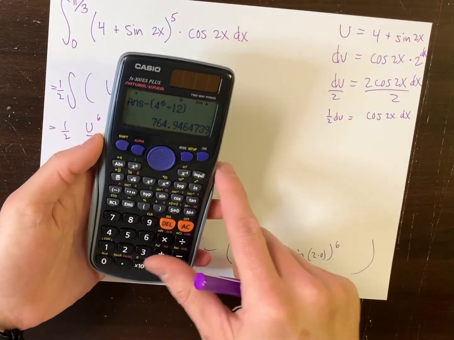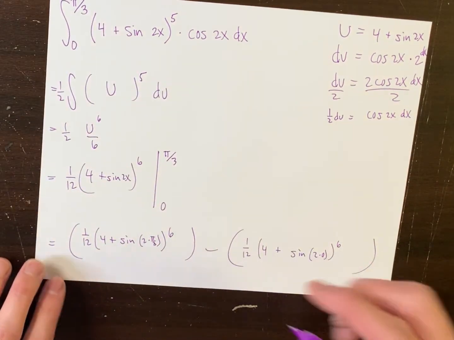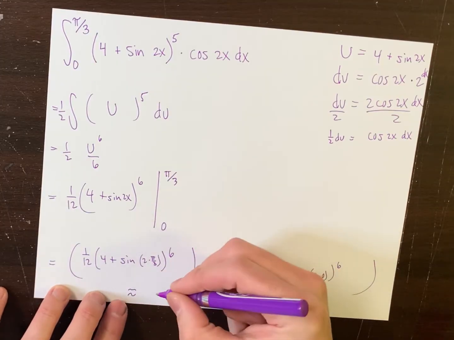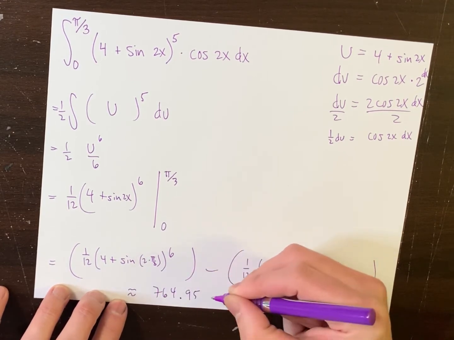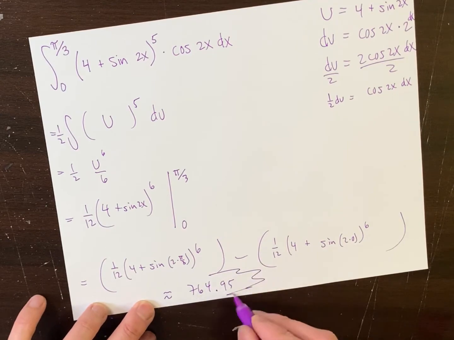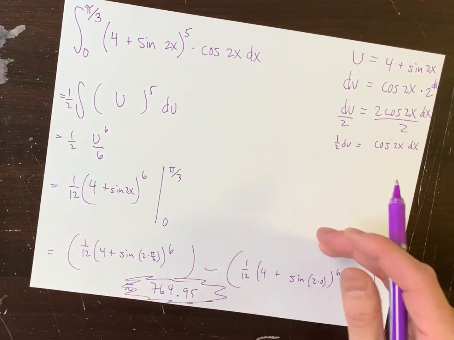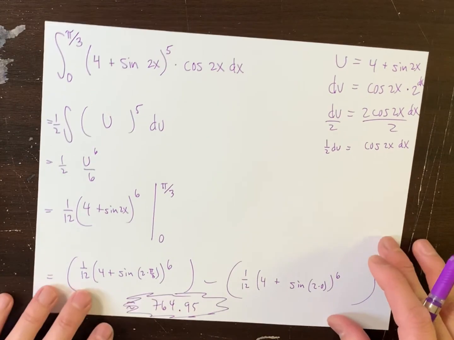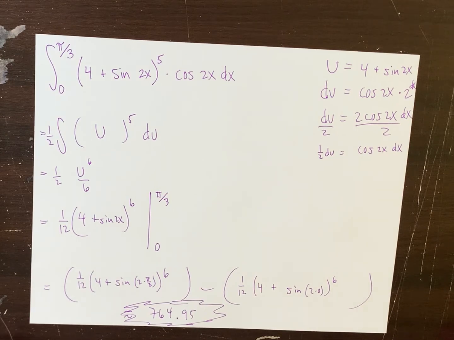And in my calculator, I made sure that I was in radians because we have pi's, and I typed all of that in, and I got a crazy answer, 764.95. And again, this was my answer for my problem that I made up. I don't know how clean your answer is going to be. I'll let you find out. But apply the same general technique, and it should work out.